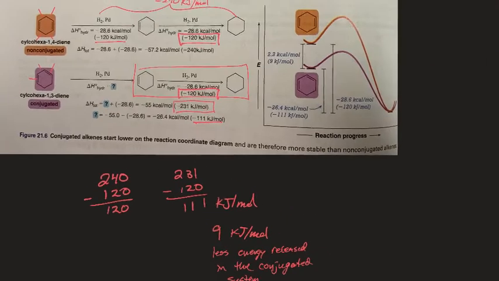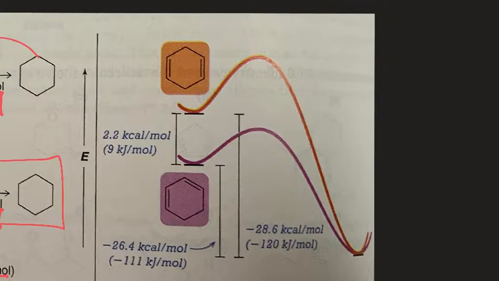So in other words, as we can see in this graph, the conjugated system down at the bottom is 9 kilojoules per mole more stable than the isolated one, or roughly 2.2 kilocalories per mole.